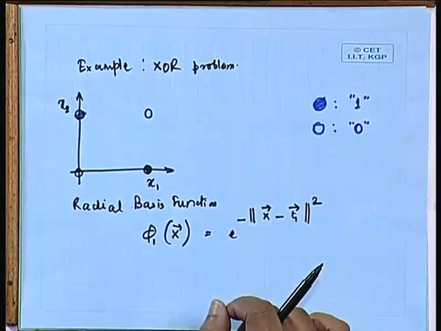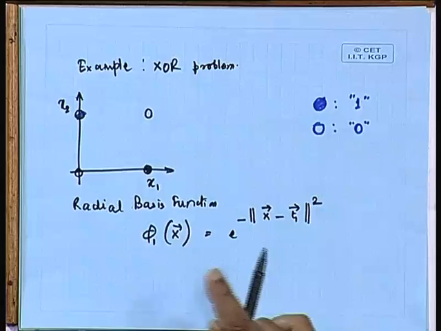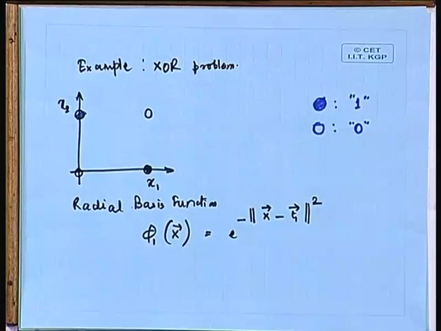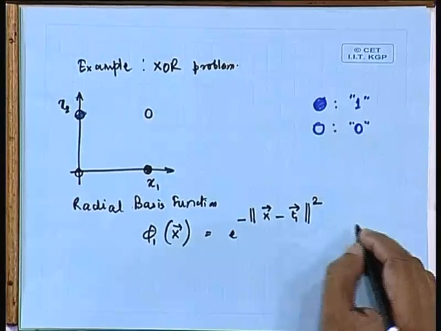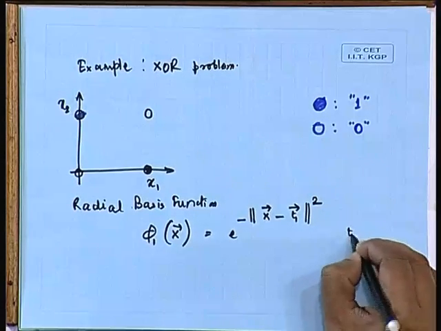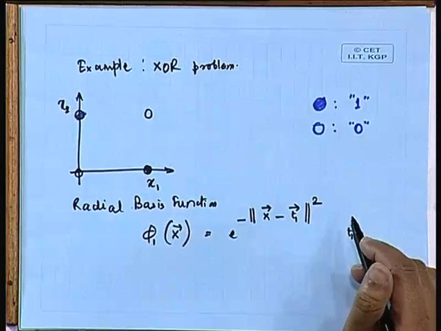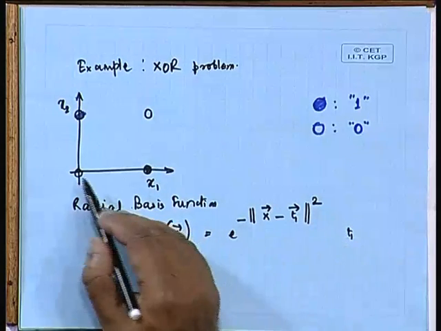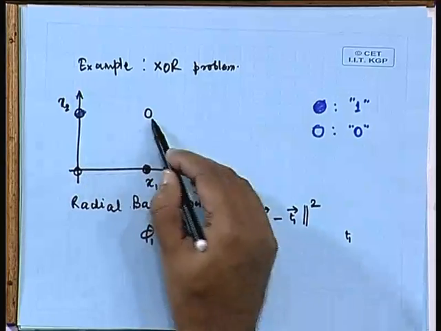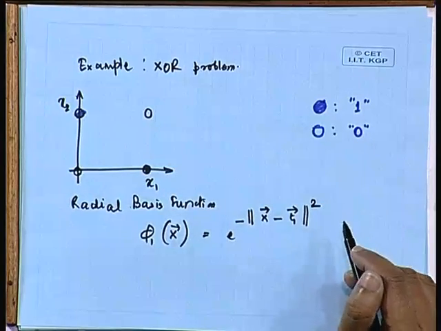Now, this T1 basically is what? T1 is nothing but the center of the function. So, the Gaussian function that we are considering is definitely centered around T1. We take T1 centered around one of the patterns that is giving us class equal to 0, so we take this and this to be the centers of the Gaussian.